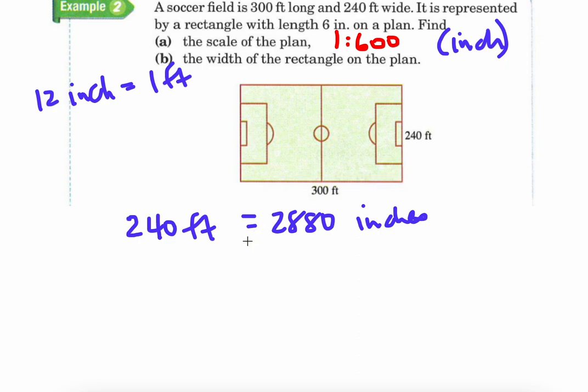Okay, well, if each 600 inches is going to become 1 inch, I basically have to take my answer and divide it into groups of 600, right? So then I'm going to take this answer and divide it into groups of 600.